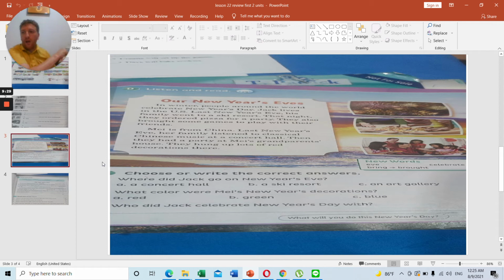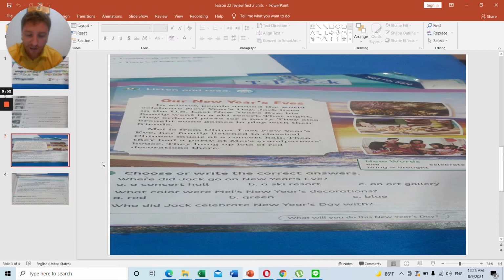Read the story about New Year's Eve, so everyone can practice reading. Our New Year's Eve. In winter, people around the world celebrate New Year's Day. Jack lives in the US. Last New Year's Eve, his family went to a ski resort. That night they ordered pizza for a party.